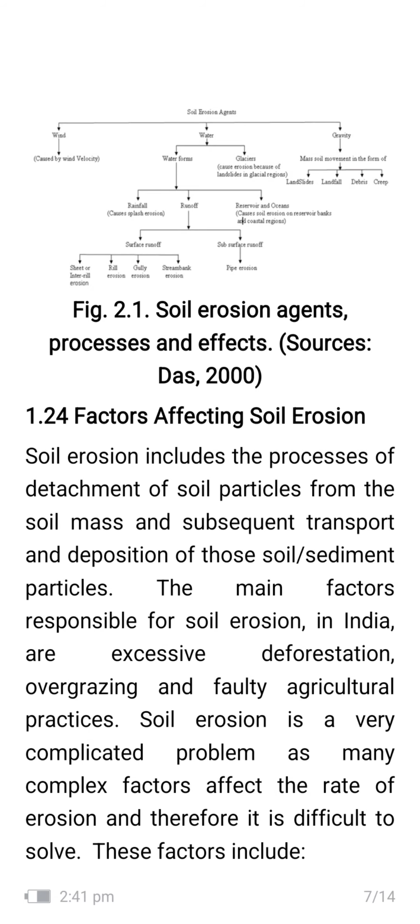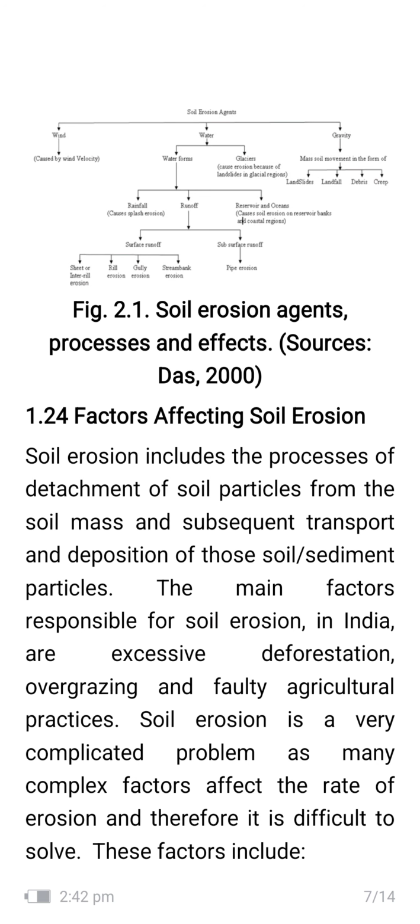Next you see here the flowchart of soil erosion agents. First one, soil erosion agents: wind, water and gravity. Wind erosion is caused by wind velocity. Next one, water erosion. Water forms like glaciers are divided into rainfall, runoff, reservoir and oceans. The runoff is divided into two parts, surface runoff and subsurface runoff.